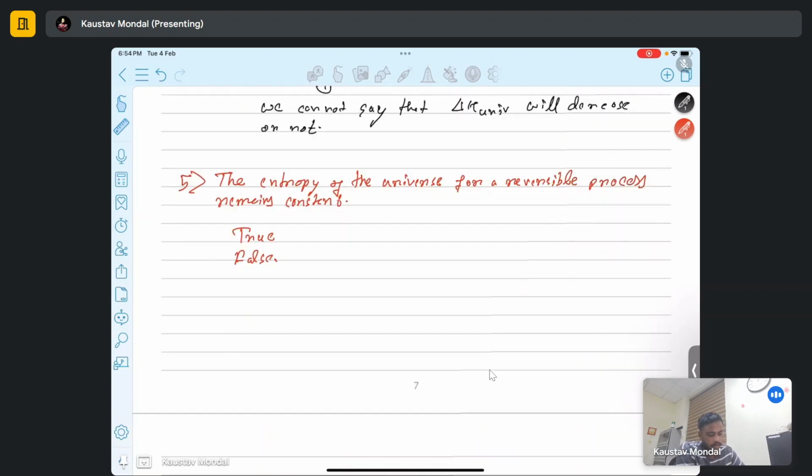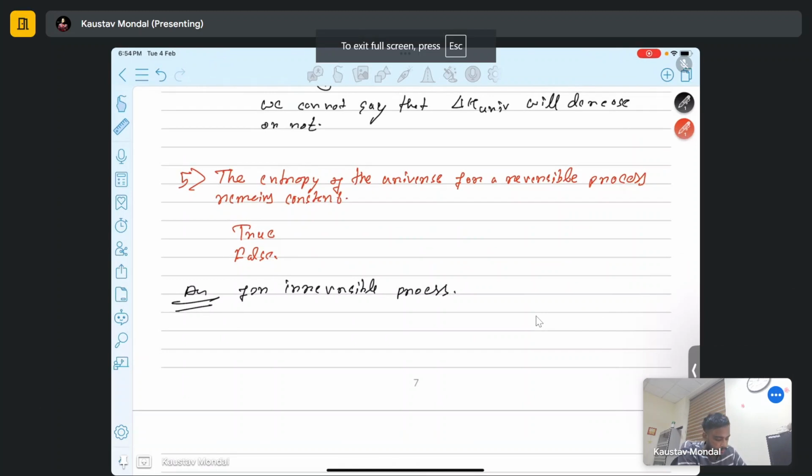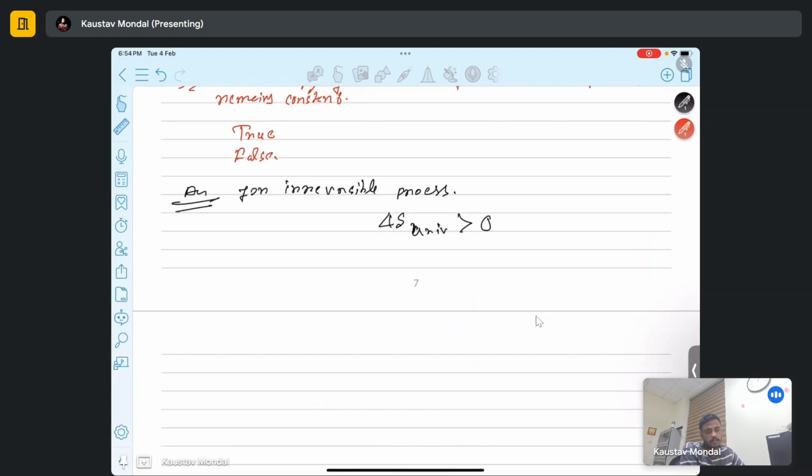We already know that for an irreversible process, delta S universe is always greater than 0. That is, the entropy of the whole universe will be increasing, and delta S universe is basically delta S in the system plus delta S in the surroundings, right?